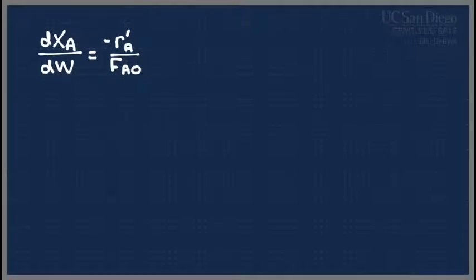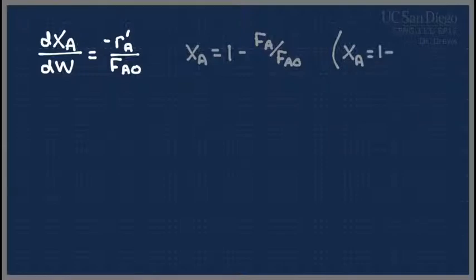This part came from saying that XA is equal to 1 minus FA divided by FA0. And that part hadn't changed. That looks very, very similar to what we would have seen for a batch reactor. So for the batch reactor, it was XA is 1 minus NA over NA naught.